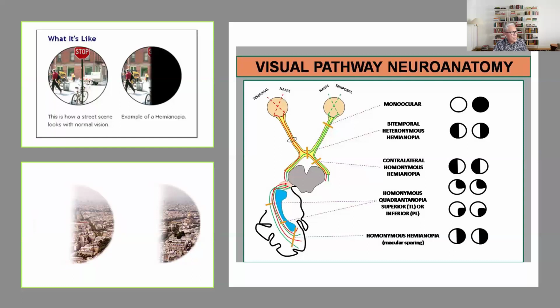So these are the different types of hemianopsia. As I told you, it could be the superior or the inferior parts, or it could be different areas. So whenever you see anopia or hemianopia, that means there's going to be loss of vision in one half of the visual field.